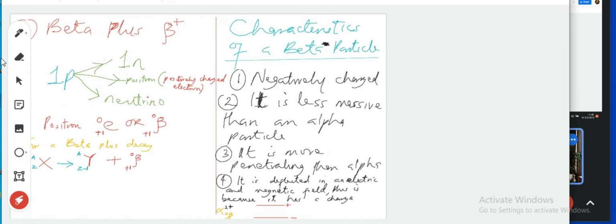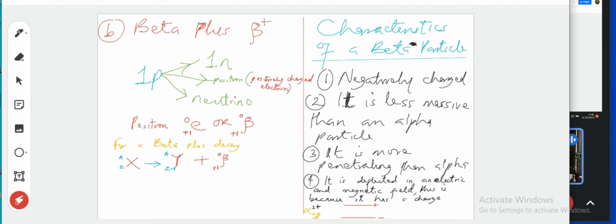All right. By the way, go to the previous page. A beta particle is less ionizing than an alpha particle, but it is more ionizing than gamma. Which one is the most ionizing? Alpha.